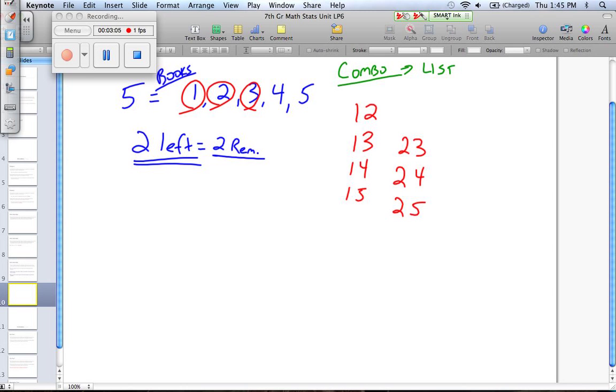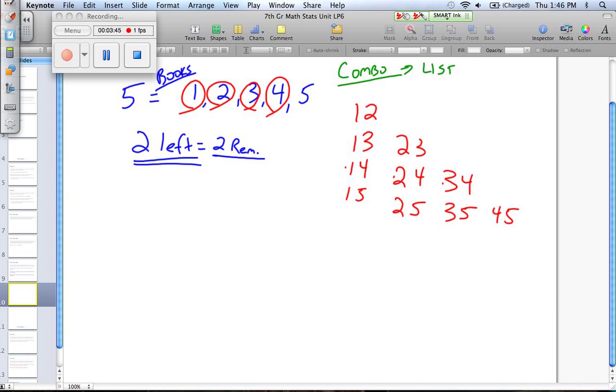Moving on to book number 3. 3 and 1, well, that's already happened. That's right here. 3 and 2, that's already happened right here. So neither of those are worthwhile. So we move the 3 down to 4, with 3 and 4, and 3 and 5, because those are new combinations. And now let's move on to book 4. Book 4 has already been matched with 1, 2, and 3, so the only thing left for book 4 is book 5.